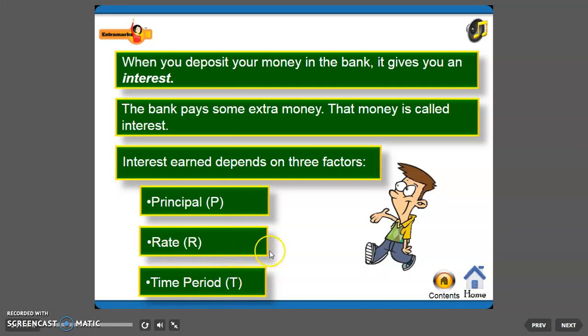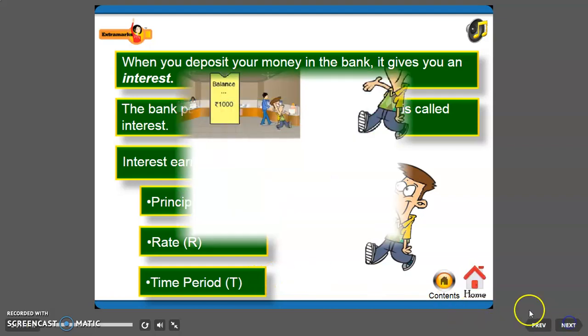If I go and get the balance after 2 years or after 5 years, will they give me only 100 rupees for a 1000 rupees deposit? No, there will be a change, because after 3 years, I will get more money than I get after 1 year. So this interest depends on 3 important factors: principal, rate of interest and time period.